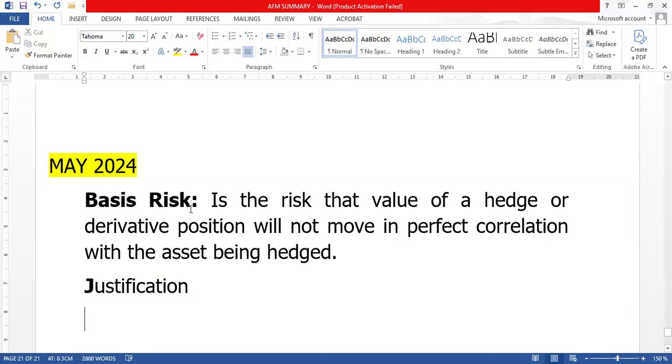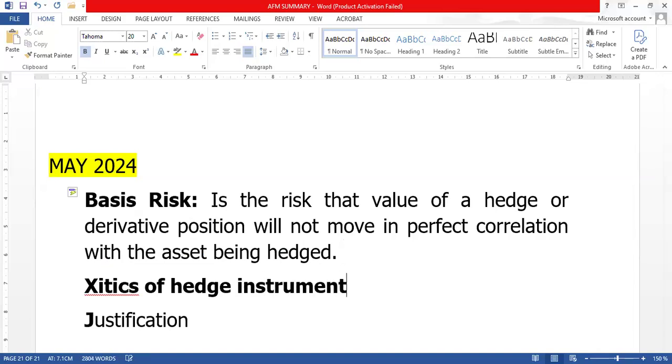Now, this basis risk, guys, it will always happen because of things related to the characteristics of the hedge instrument, as well as the hedging instrument and the underlying asset.